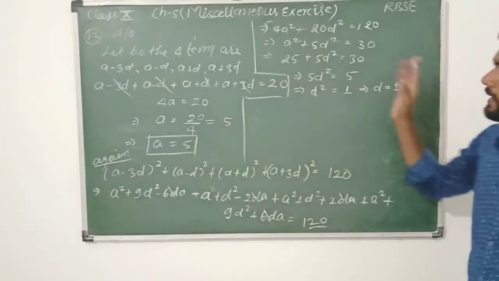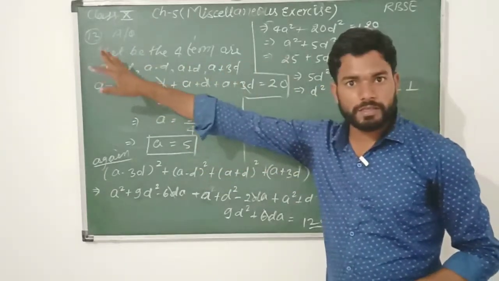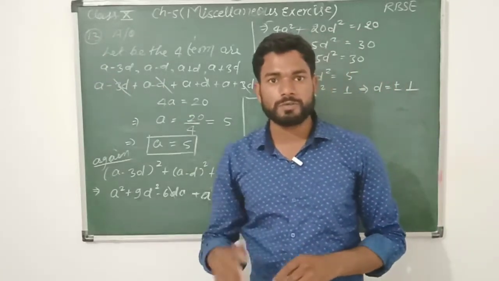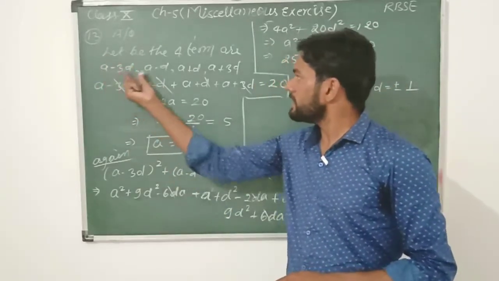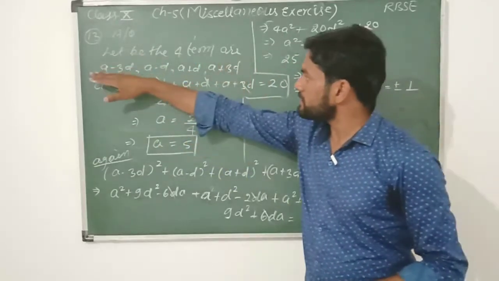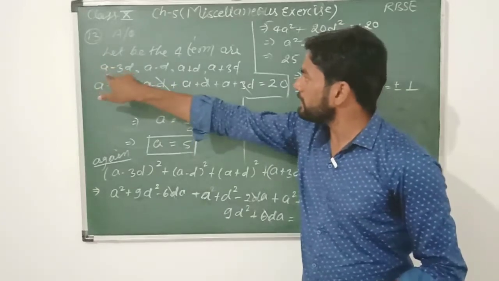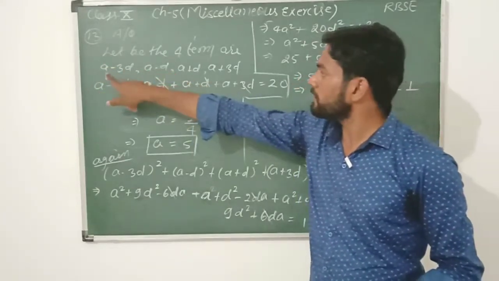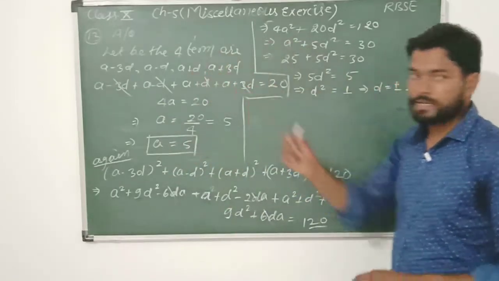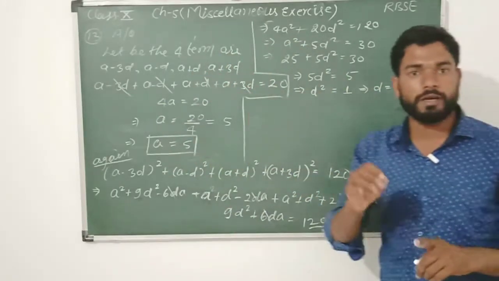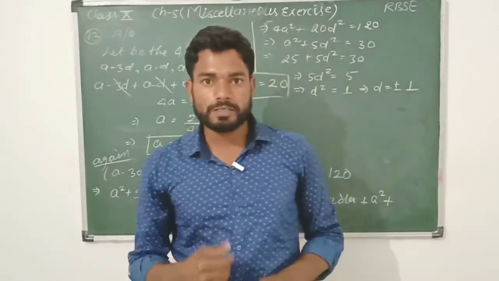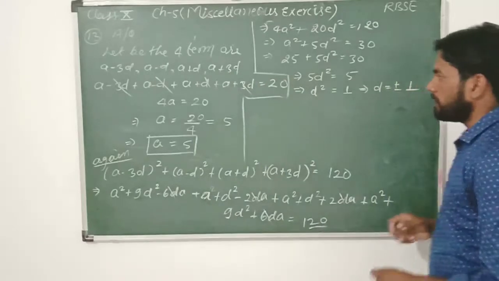Apply the value of a and d in these terms, because in this question it is given that we have to find the 4 terms of this AP. We consider these 4 terms, and these terms are required in a and d. So apply the value of a and d in this case. But d has two values, first positive and second negative.